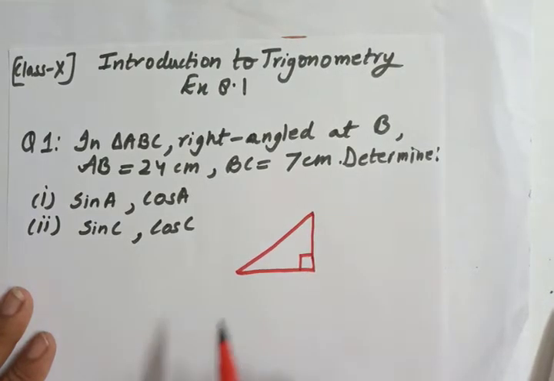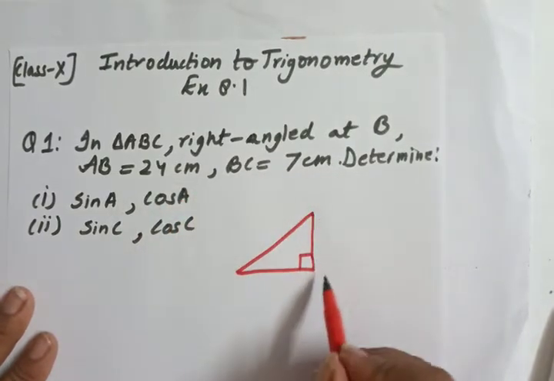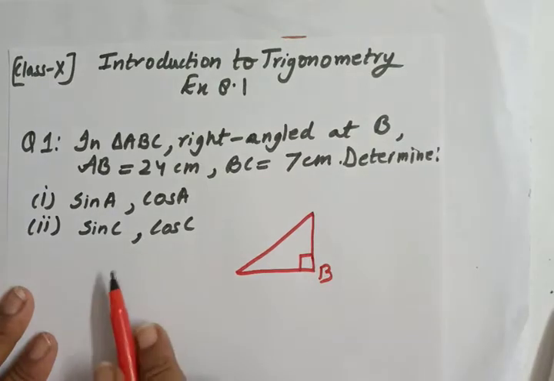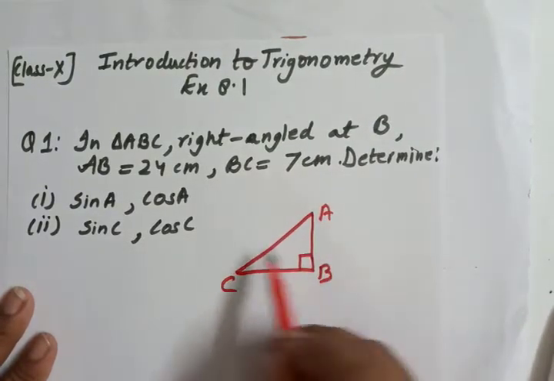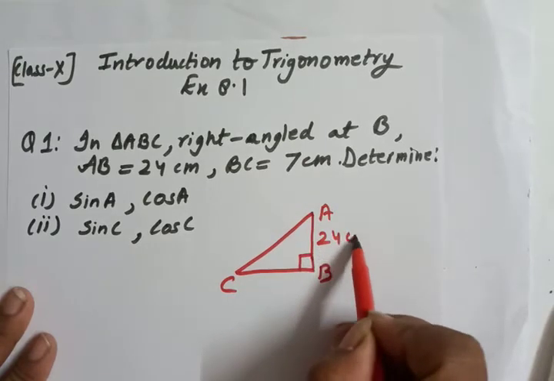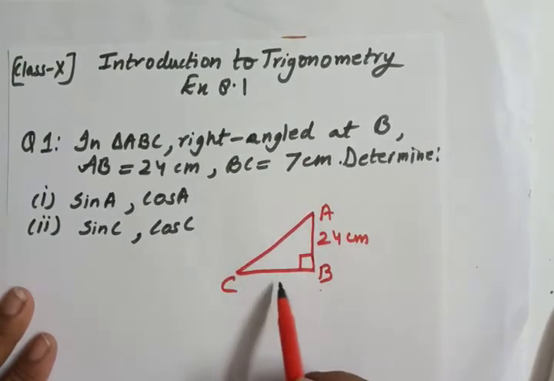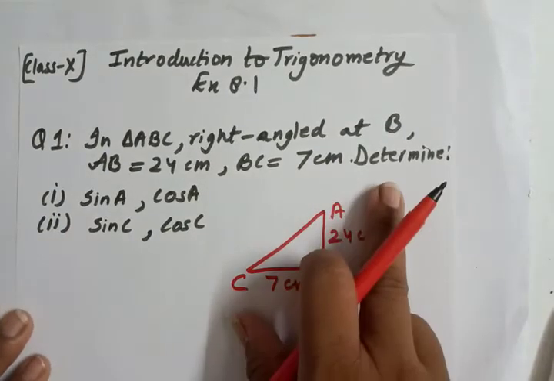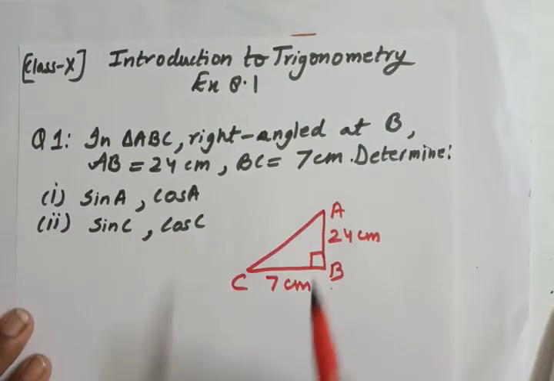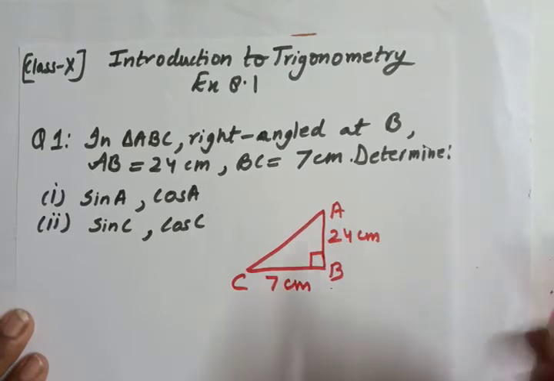This is a right triangle, right angled at B, AB is 24 centimeter and BC is 7 centimeter. Now we have to find sin A.